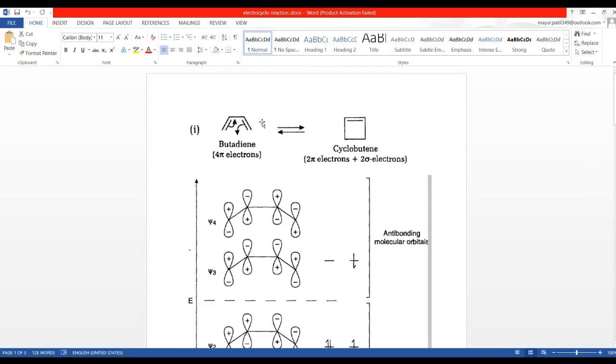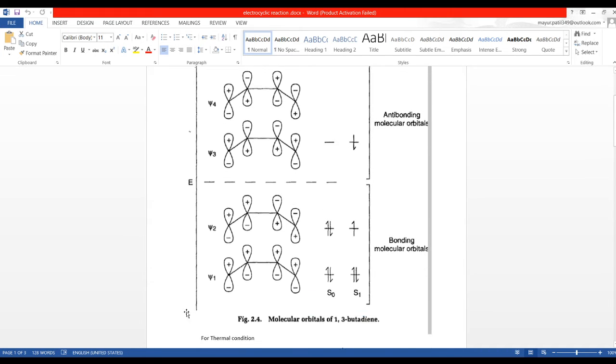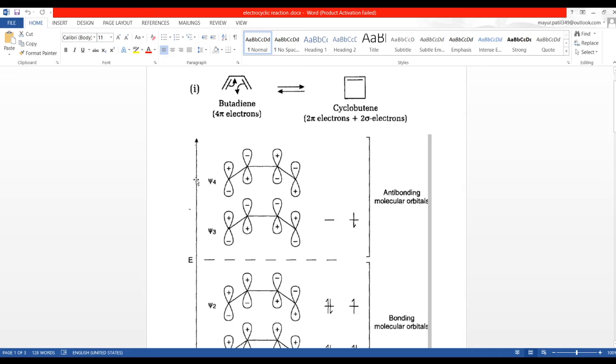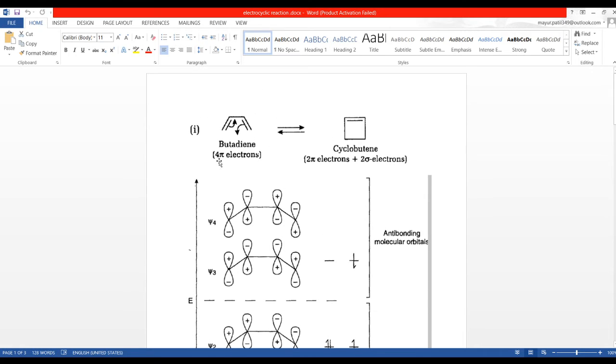Psi1 and psi2 constitute the bonding molecular orbitals, while psi3 and psi4 constitute the anti-bonding molecular orbitals, where the energy increases in this manner.